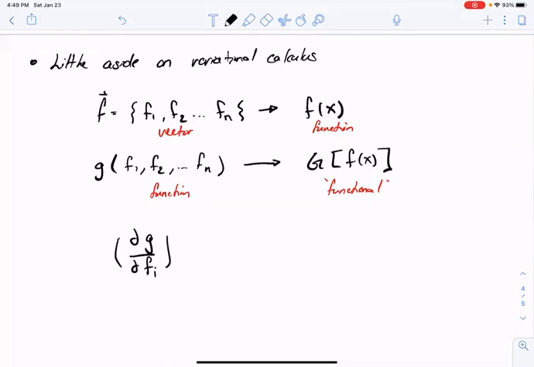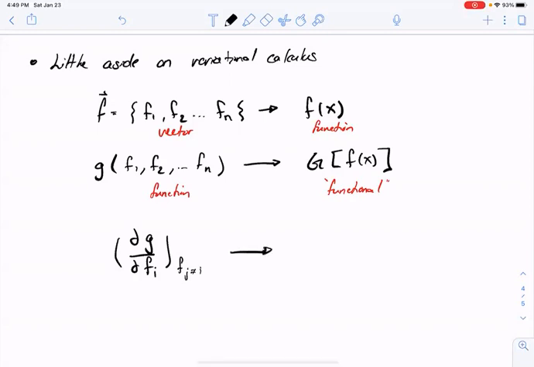For this to be well defined, I need to ask for that change in a specific direction of the function space. Most often, it's convenient to hold all other components constant. So holding all fj, with j not equal to i, constant, I can ask how does g change with fi. That's a normal derivative.